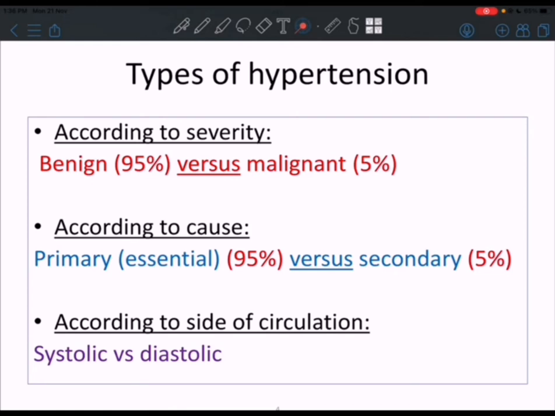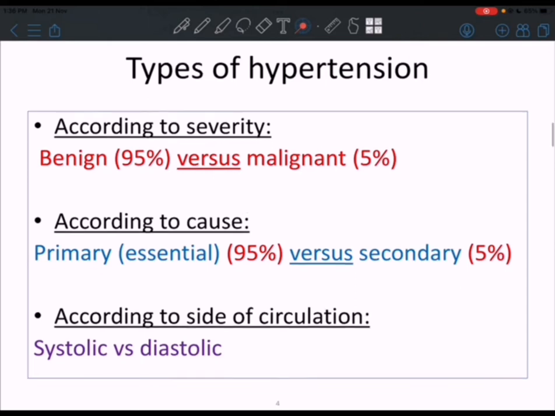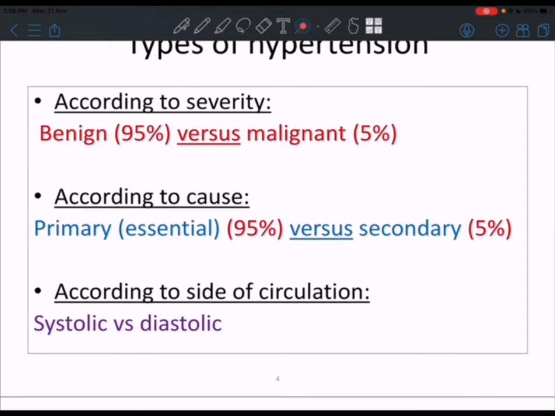We will talk about how shortly. Another way to classify hypertension is to relate it to the underlying cause, either as primary, essential, or idiopathic hypertension versus secondary hypertension. If I have a clear etiology or cause, I call it secondary hypertension.